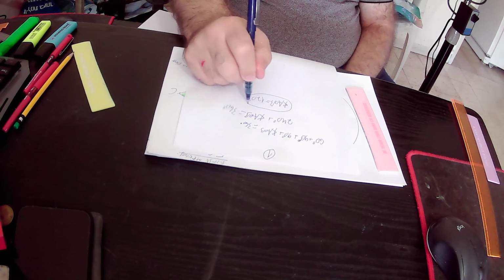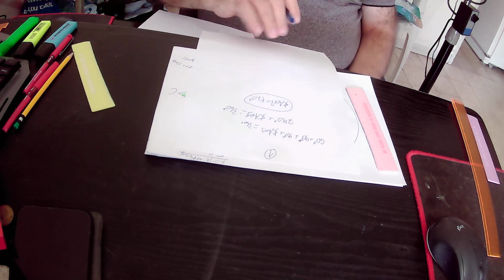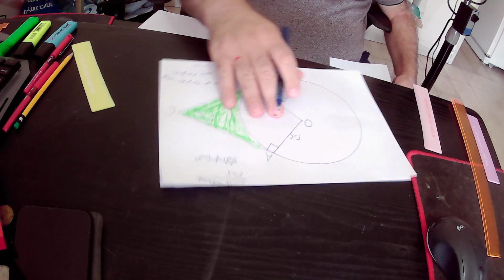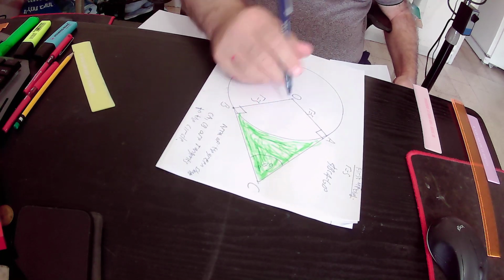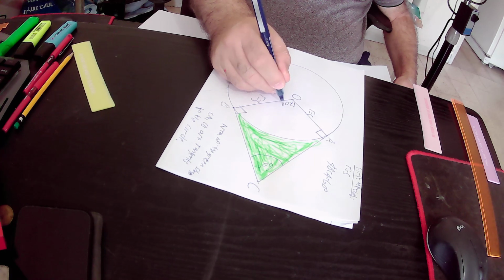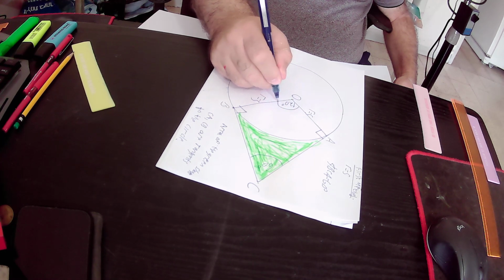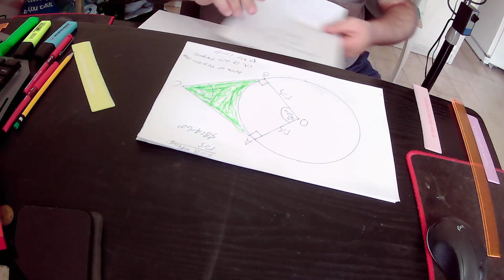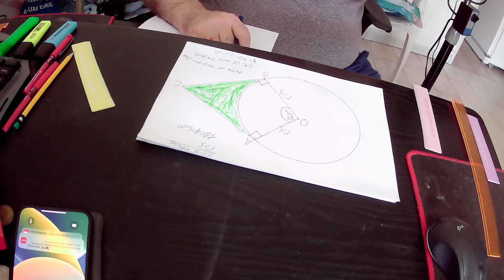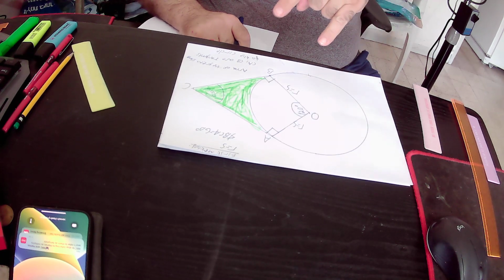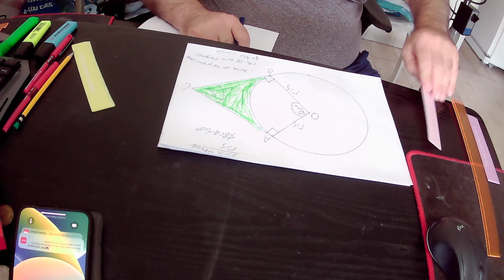Okay, so angle AOB, this angle, equals 120 degrees in its size. Okay, in the next step, we will connect together points C and O by a straight line.